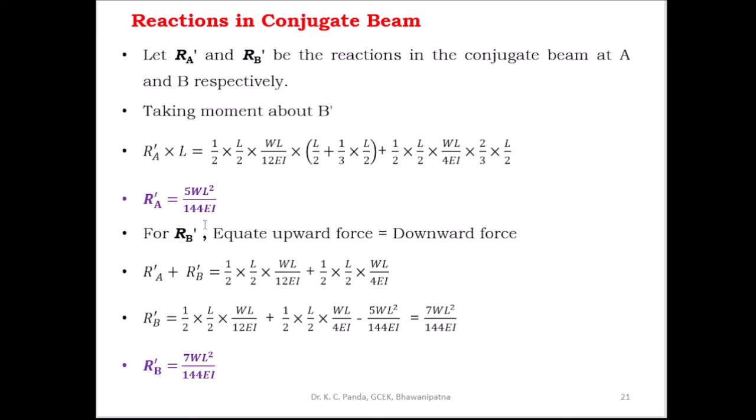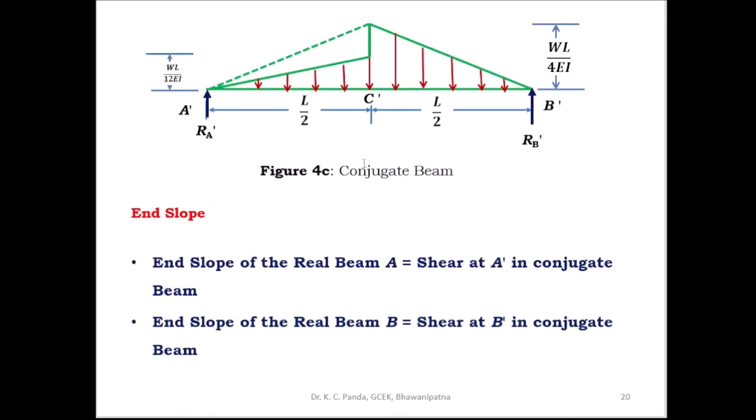Then find out the reaction at B dash, RB dash. So by equating the upward force to the downward force, the upward force is equal to RA dash plus RB dash, and the downward force is equal to the area of this loading. So the area of this load is half into L by 2 into WL by 12 EI, and the area of this load is half into L by 2 into WL by 4 EI, which is equal to RA dash plus RB dash.